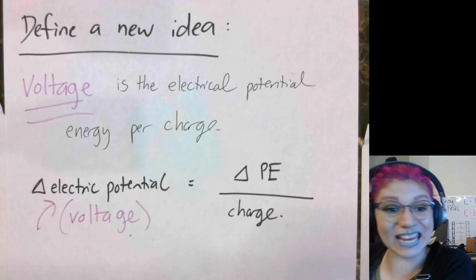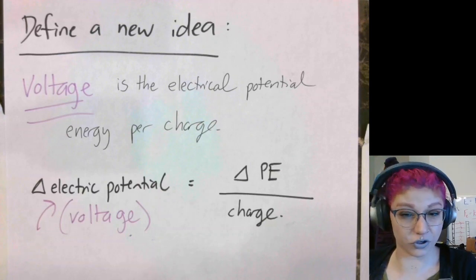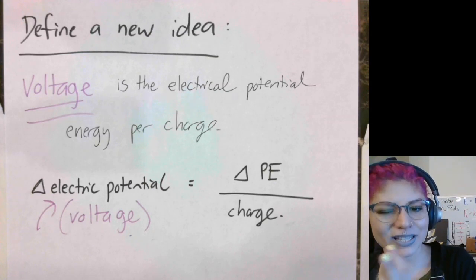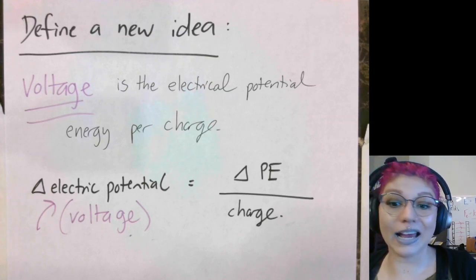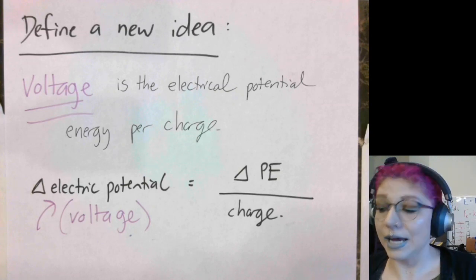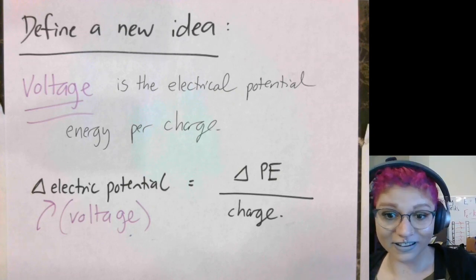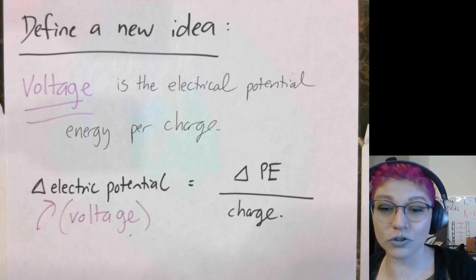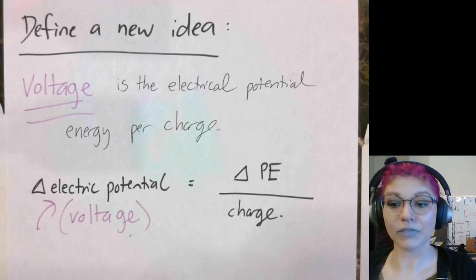So voltage is the change in electrical potential. And we're going to go over some more examples later on to help make this more concrete. Again, I know that a lot of this feels kind of abstract, so let it sit in your brain, let it settle, and we'll move on and do more application-based work for this.